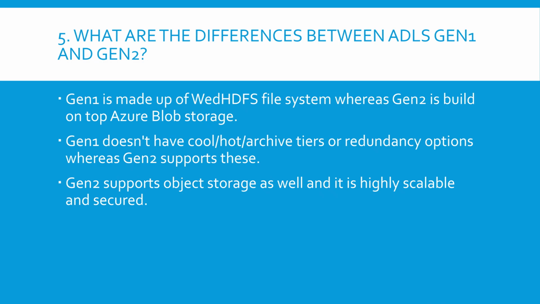When we say redundancy, there are LRS, ZRS, GRS, GZRS. These are the different redundancy options available. And third, Gen 2 supports object storage and is highly scalable and secure, whereas Gen 1 is not that efficient for storing large amounts of data and object storage.